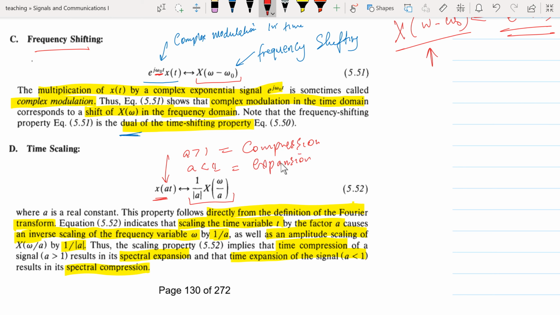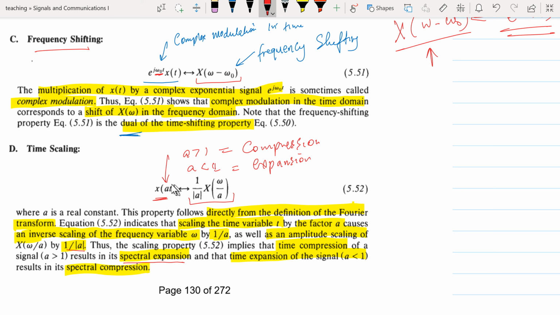So if we compress our signal in the time domain, we receive an inverse scaling of the frequency variable omega by 1 over a, as well as amplitude scaling by 1 over the modulus of a. Thus, this property implies that time compression, which means a is bigger than 1, results in spectral expansion.